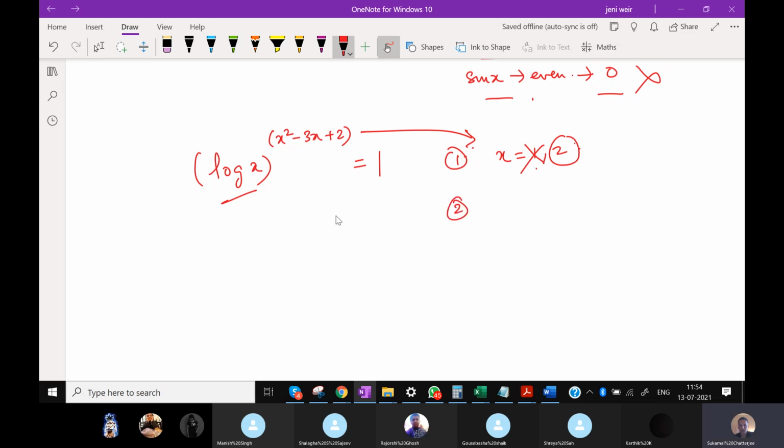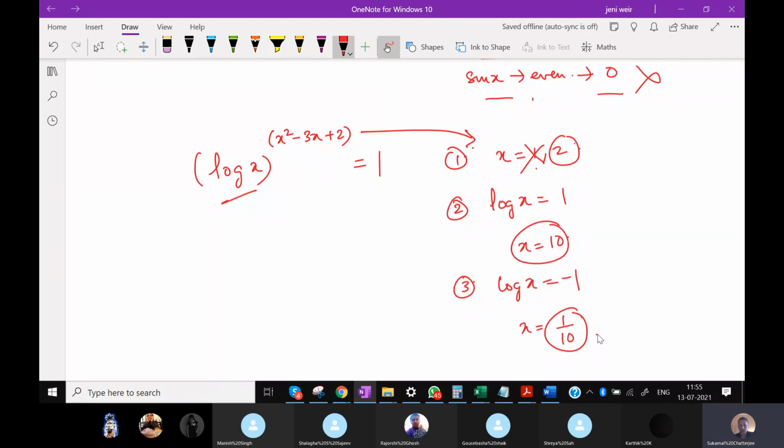Second is the base is equal to plus 1. So log x equal to 1. That means x is equal to 10. The third solution is log x equals -1, which means x would be 1 by 10, right?